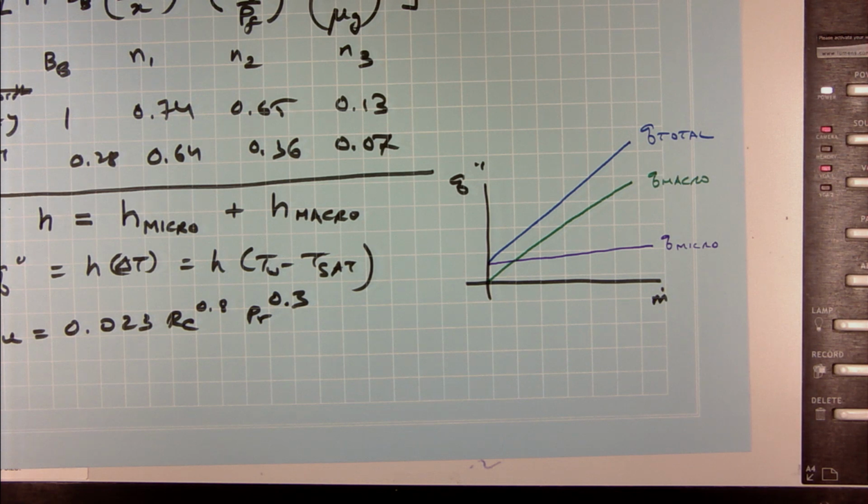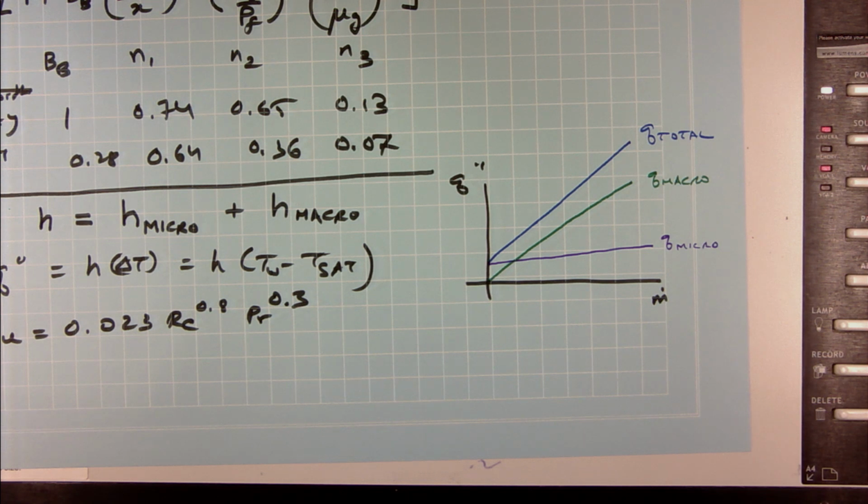So, what do you see? The proportion of the total heat flux that comes because of boiling is going to shrink. Does that make sense? As I go to higher and higher flow rates, the amount that is coming from boiling, the proportion, the fraction is going to shrink, is it not?